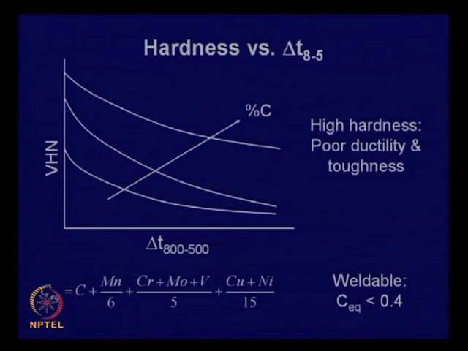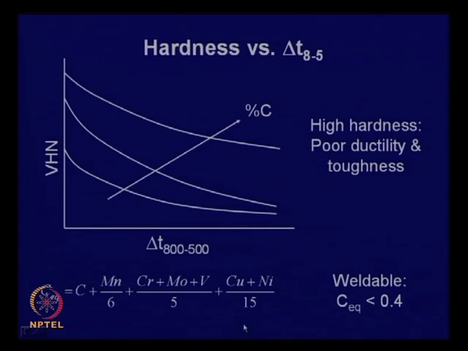And if we look at this, there are several such empirical expressions available which give you the carbon equivalent, and these include different alloy elements, manganese, chromium, which are the common alloy elements added.